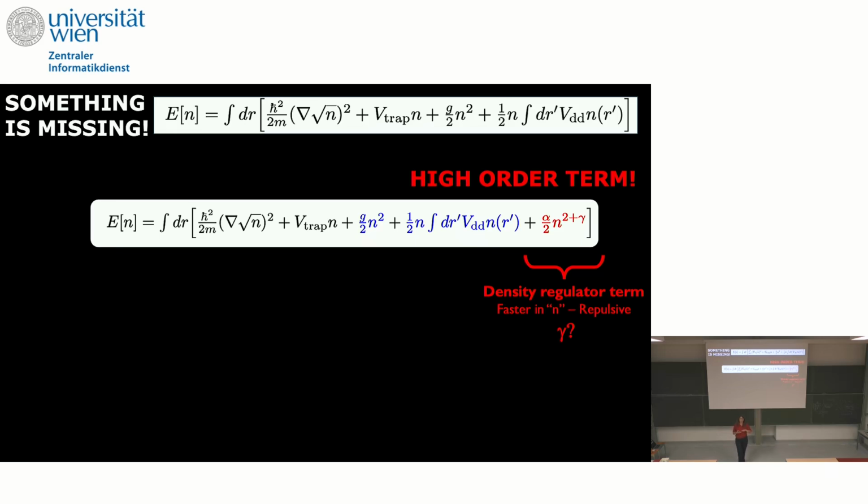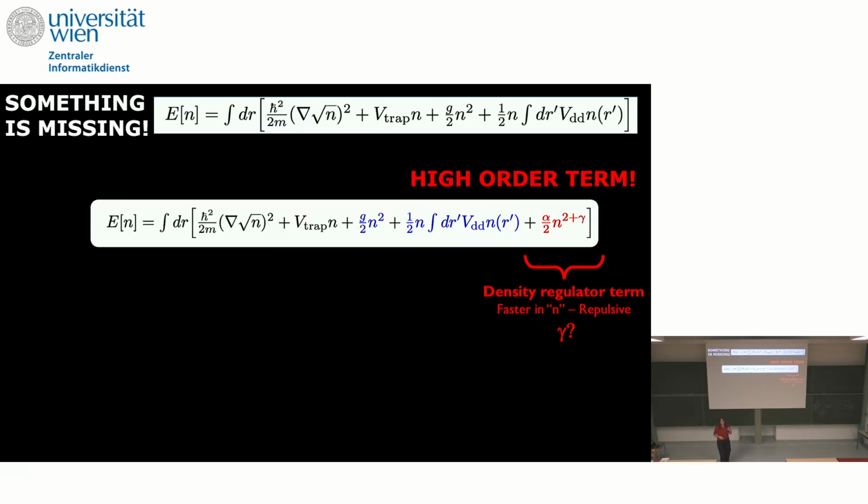What this means is that while the mean field interaction will push the system to increase the density, at some point this term can pop in and regulate and tell you, no, I add some repulsion, which is density dependent. And there was a long discussion of what would be the physical origin of this additional higher order in density term.